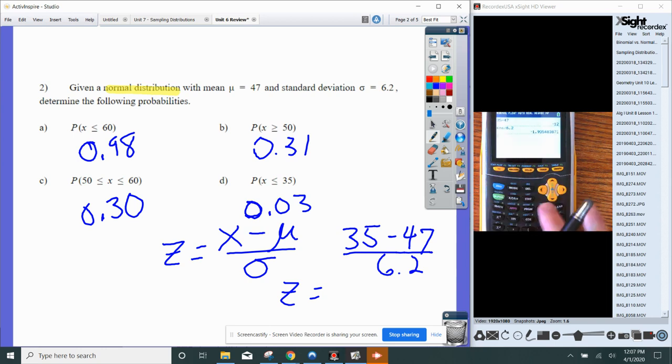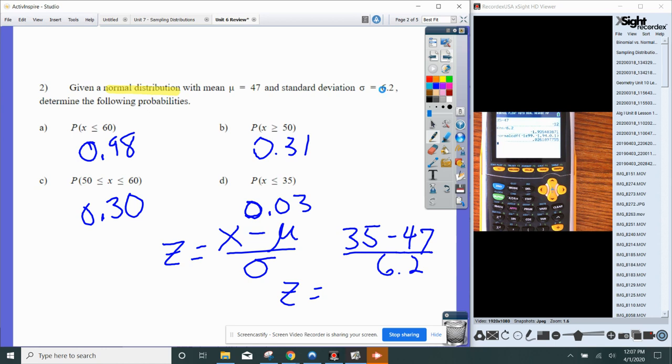Then our lower would still be -1E99, and the upper would be -1.94, and change the mu back to 0 and the sigma back to 1. We should end up getting the same thing, 0.03. So you could change them to z-scores to standardize it, but using your calculator, you don't have to.